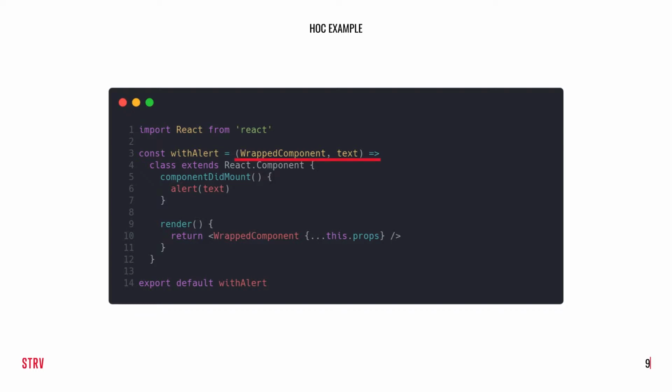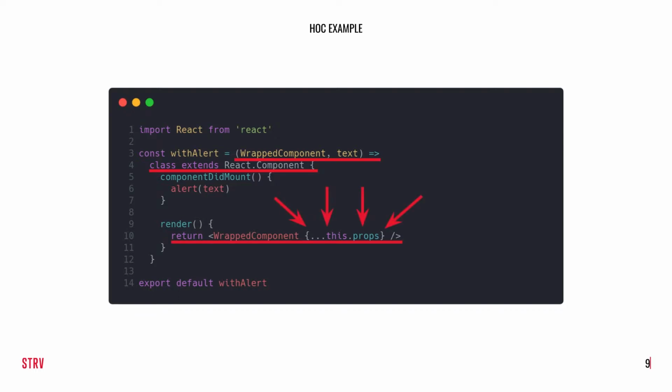So as you can see, it's just a function that takes two parameters. One is the wrapped component, the second one is for example text, and it returns a React class. Well, and in render, it just returns your wrapped component.